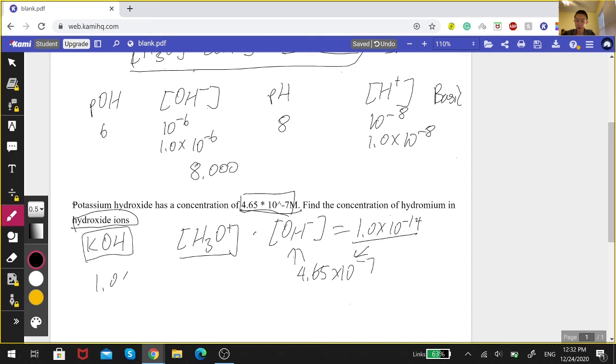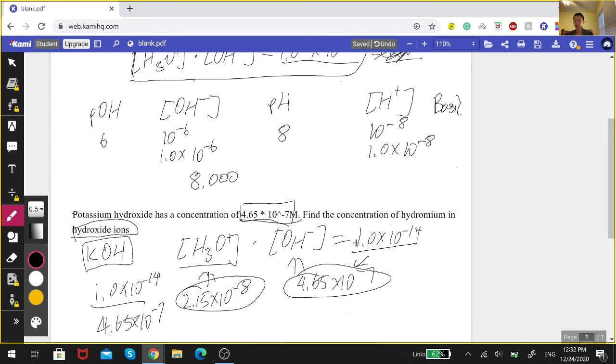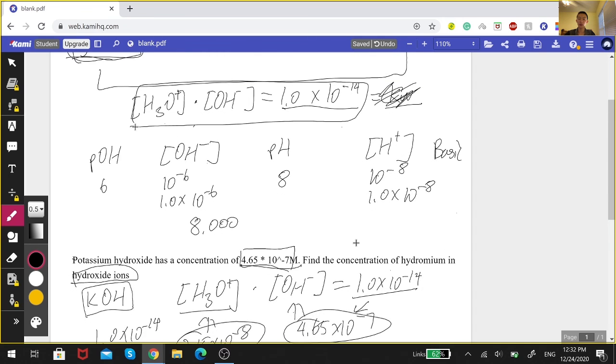So 1.0 times 10 to the negative 14th divided by 4.65 times 10 to the negative 7th. That should give us an answer of 2.15 times 10 to the negative 8th. So now we know the concentration of our acid over here is 2.15 times 10 to the negative 8th power, and our concentration of potassium hydroxide is 4.65 times 10 to the negative 7th, using our formula that we have up here.